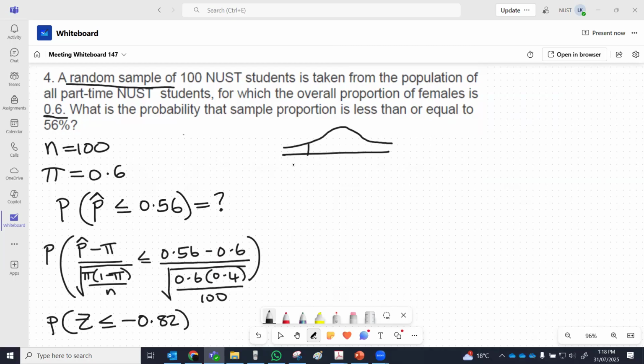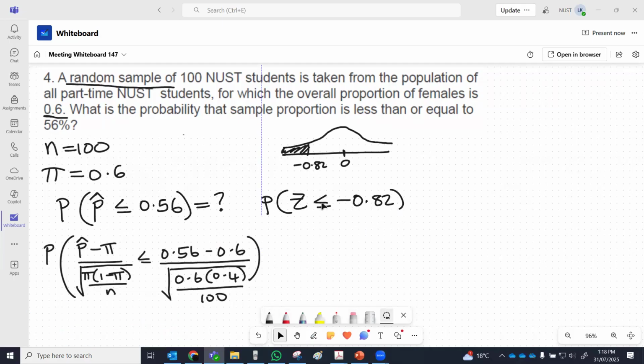So negative 0.82 is here. So remember, 0 is always in the middle. So if it's negative, then it's on the left. And we're looking for less than, so it's this area over here. And that is exactly the area that we get from our table. So to get this probability here, we just need to read it from our table.